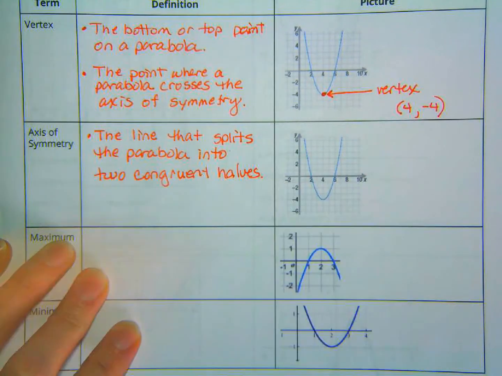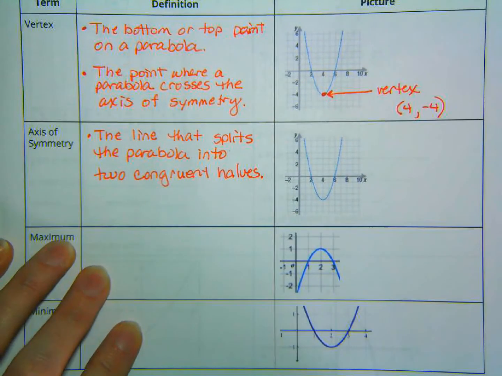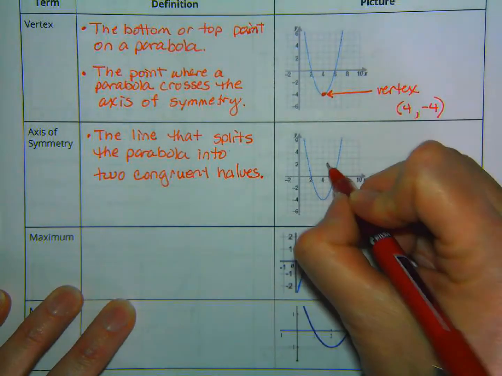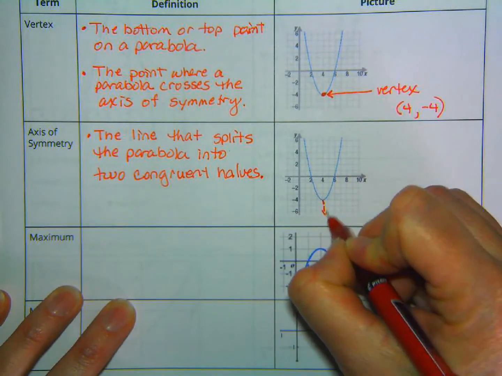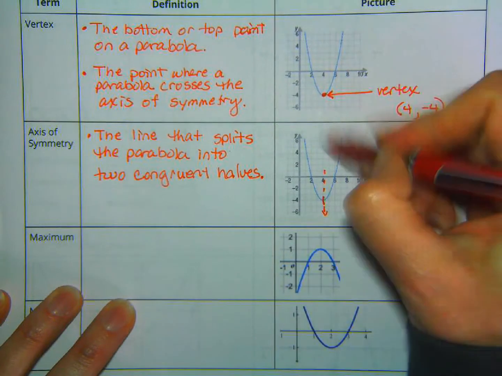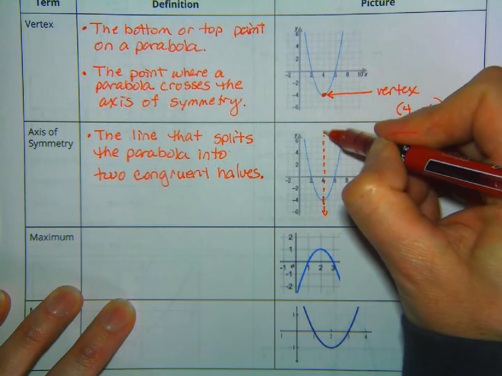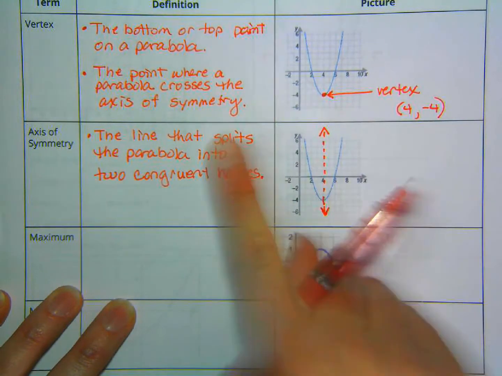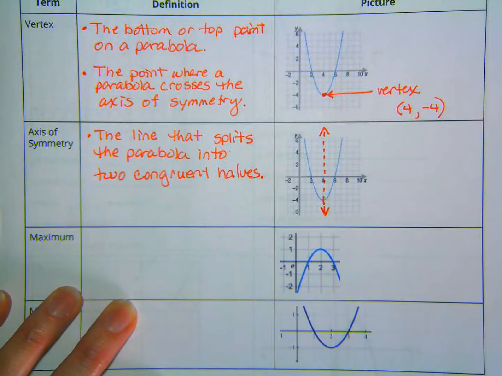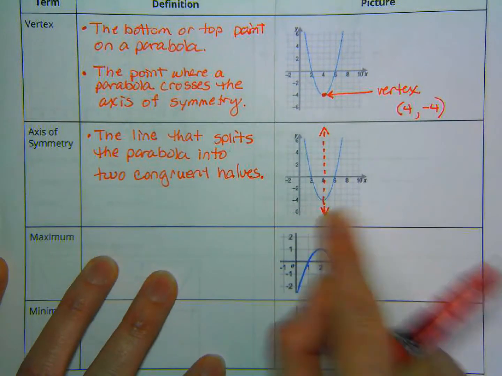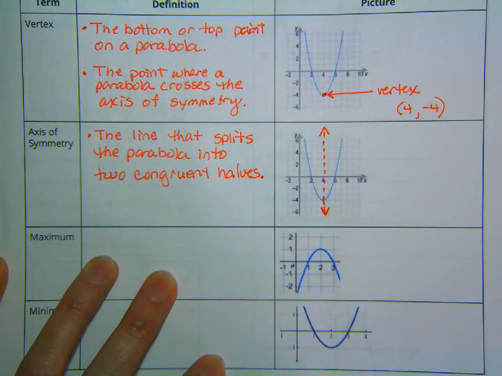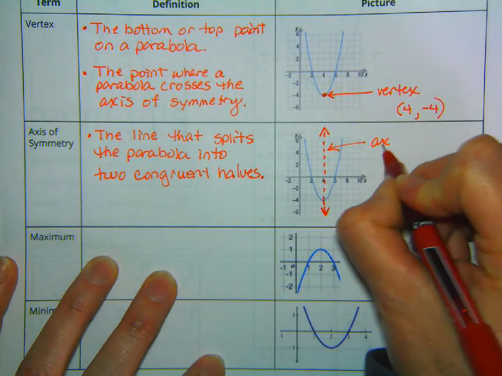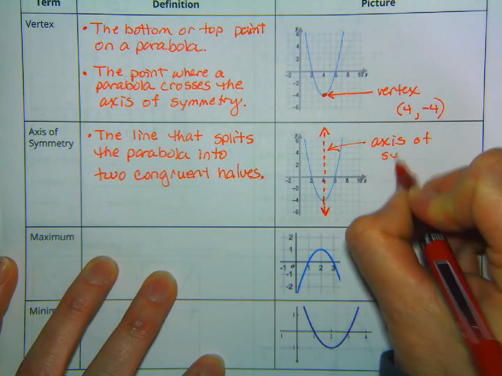I know that you've talked about lines of symmetry in the past, probably mostly in middle school, a little bit in elementary school, so you can probably imagine that this is a line of symmetry. In this case, it's an axis of symmetry. If you were to take this parabola and spin it around that axis, that line, it would fall right on top of itself every time it moved 180 degrees. So this right here is the axis of symmetry.